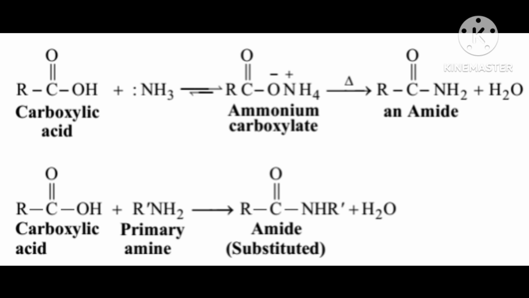If you heat, only then it happens. 2H and 1 O will form water. Then what is remaining? That is the acid amide, CH3CONH2. C double bond O is remaining, and the C and OH bond was a single bond. Actually that bond has broken.